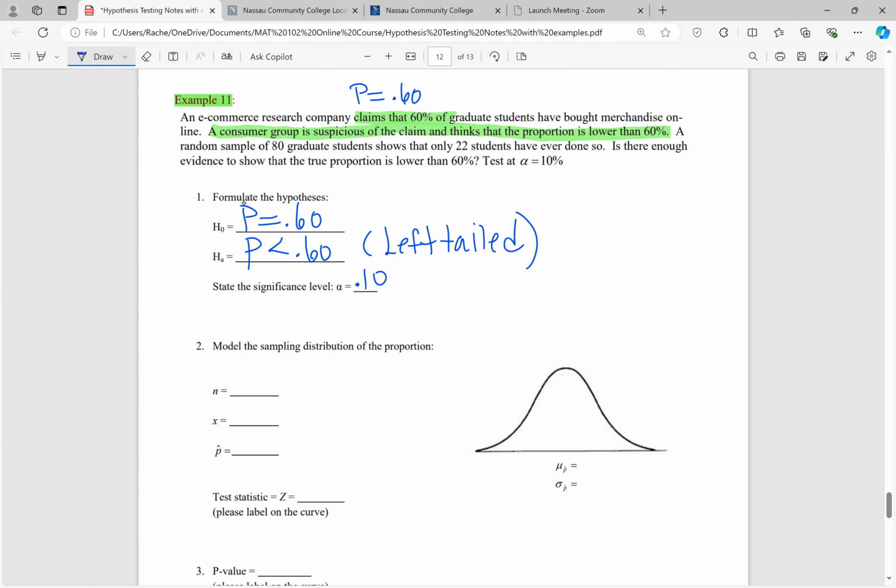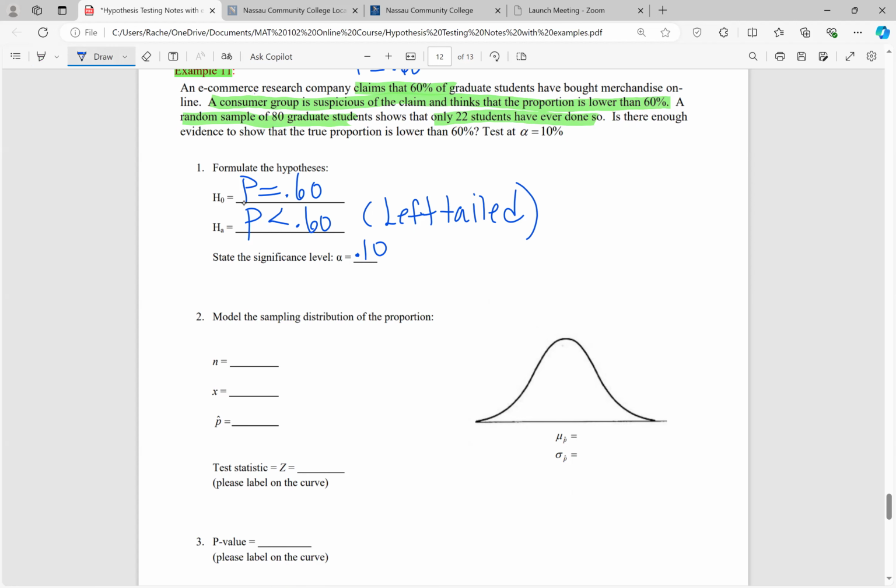Now we have to take some information. In this case, we sampled 80 students, and 22 of them have purchased merchandise online. Let's summarize the information from our sample and model the sampling distribution of the proportion. First, the sample size: we took a sample of n equals 80 students, and x equals 22 of them said yes, they've bought merchandise online.